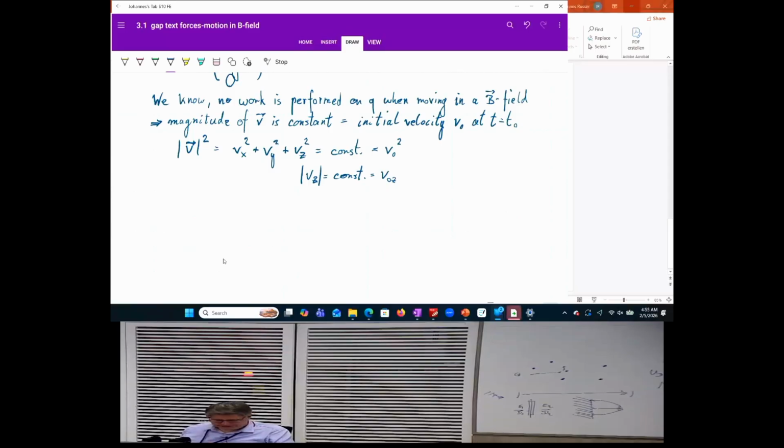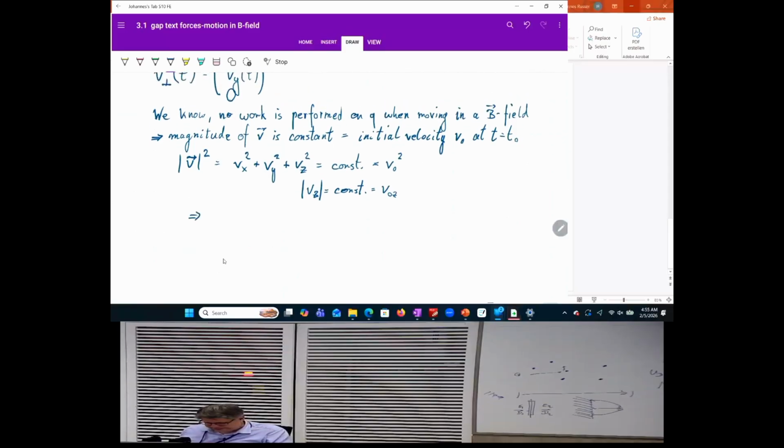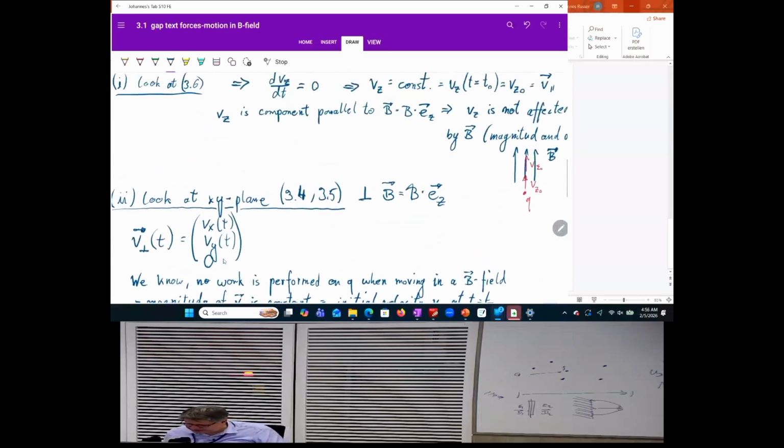As a consequence, you can also say that vx squared plus vy squared is v0 squared minus vz0 squared, or however we denoted it earlier.